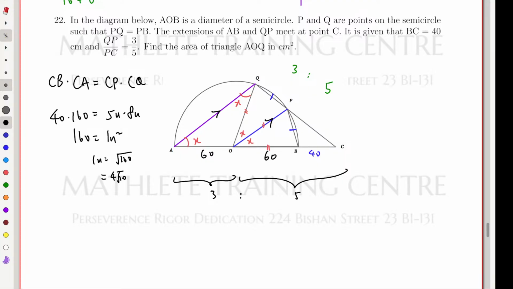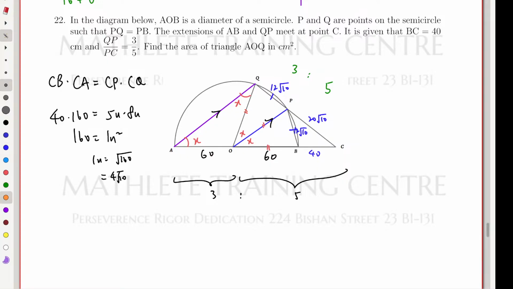Okay, so therefore I can go and label each of the sides on the right side here. This is 5 units, so it's actually 20 times the square root of 10. This thing here will be equal to 12 times the square root of 10. Now at this moment, it doesn't really help us to determine the area of triangle AOQ, but we also know something else. We know that PB is 12 times the square root of 10.